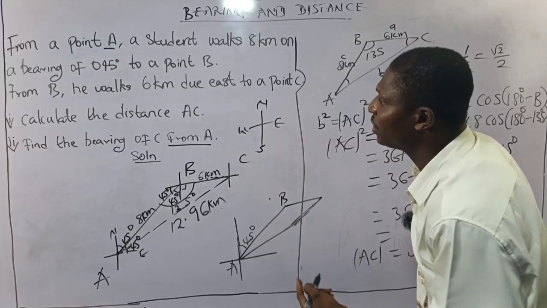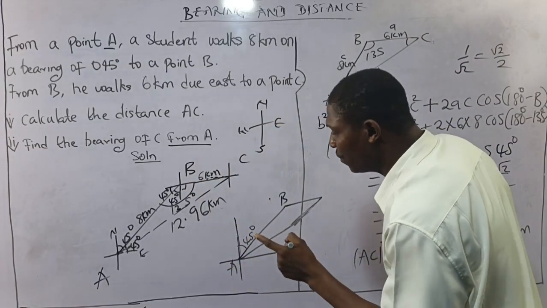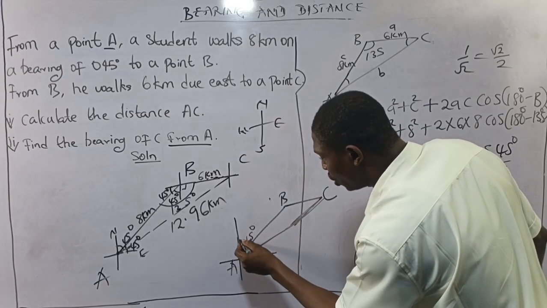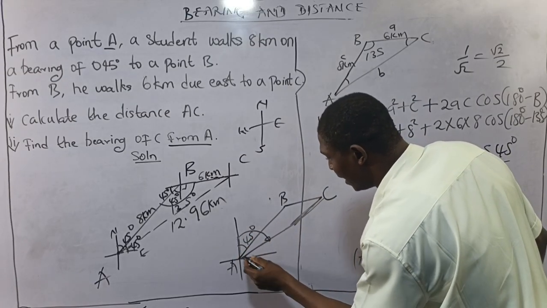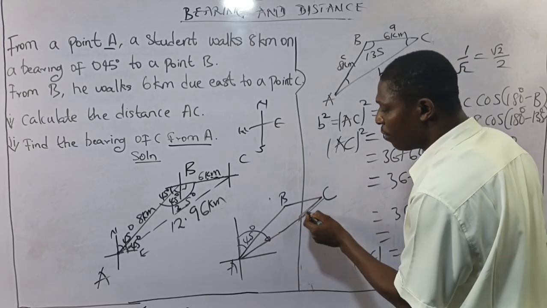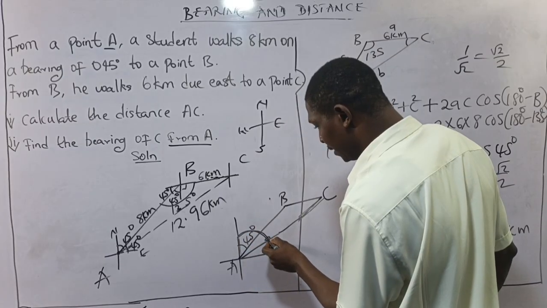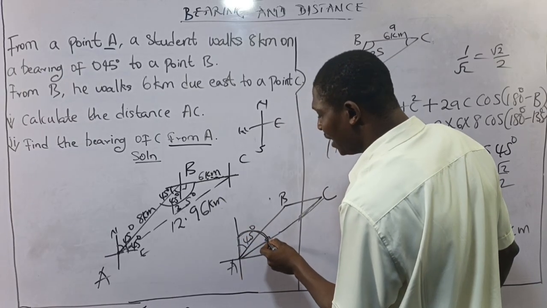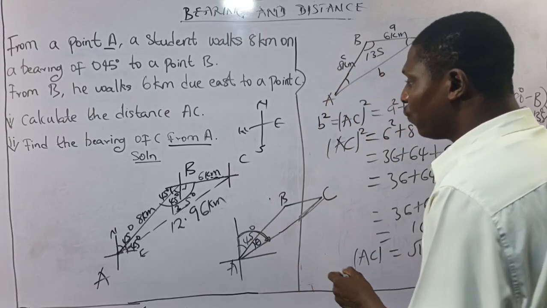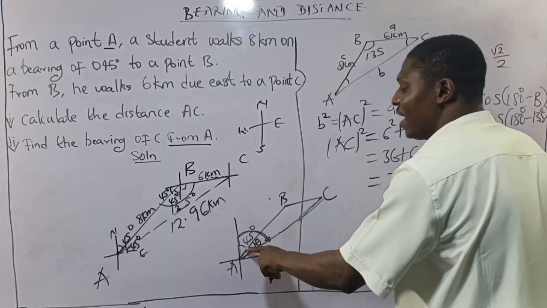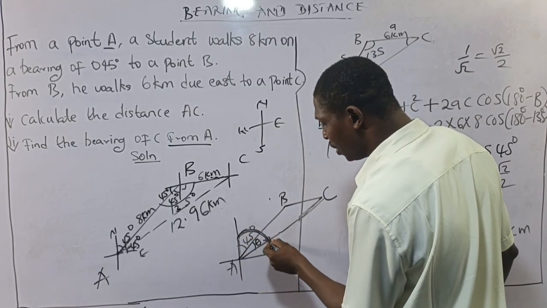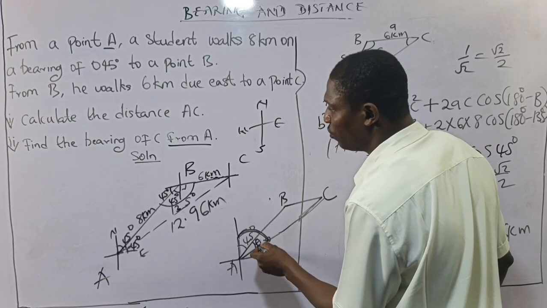But we are asked the bearing of C from A. This is my C. This is the angle that connects C and A. So it will be from the north of A till it touches the line that connects A and C. Now, if I take this angle here as my theta, the bearing of C from A will be 45 degrees plus my theta, because the total angle from the north of A to C is the sum of them.